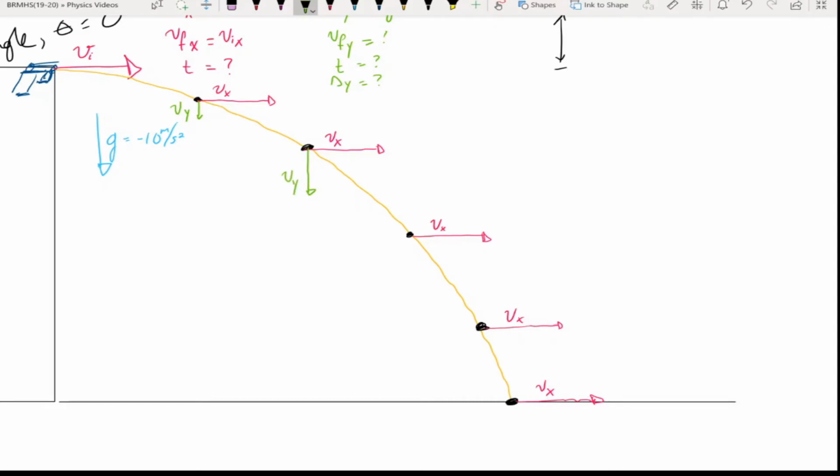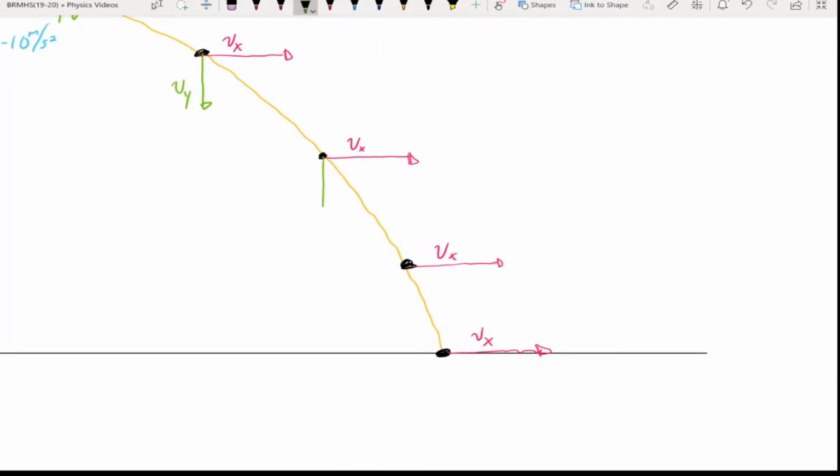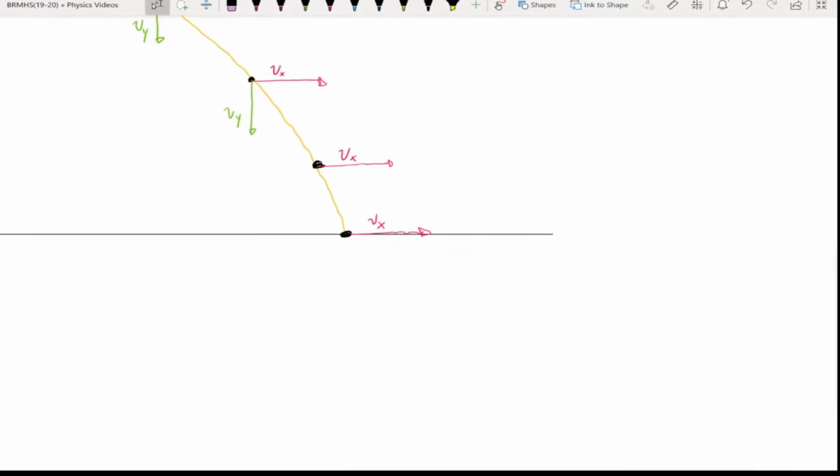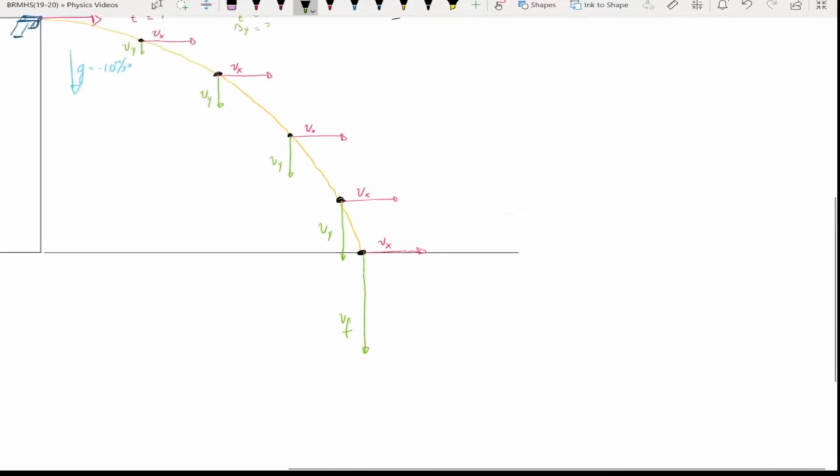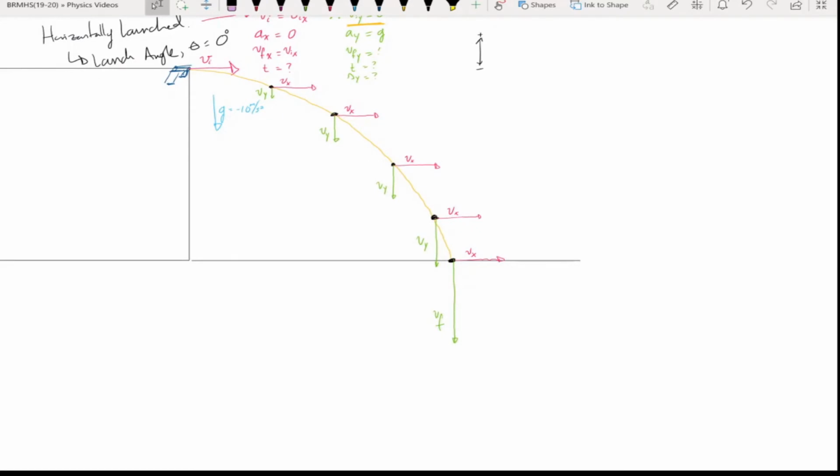The length of the vector represents its magnitude, so it's getting larger, larger still. Every second that passes, its velocity in the y direction is increasing in magnitude by 10 meters per second. This one's even larger, and this one you might call V final because it's right as it's hitting the ground in my picture. So the horizontal stuff is staying the same. The vertical stuff is increasing in magnitude because it's accelerating downward.